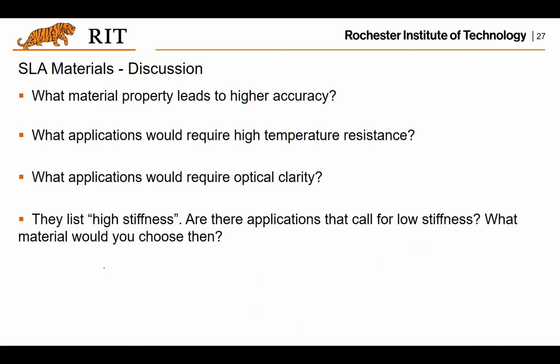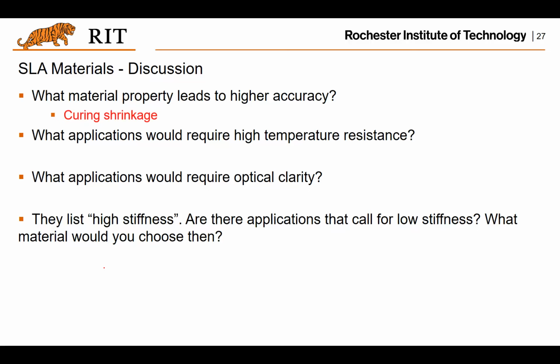Let's have a little discussion about the stereolithography process. So first of all, what kind of material property leads to higher accuracy? I would say the shrinkage. As I mentioned, there will be a shrinkage after curing.